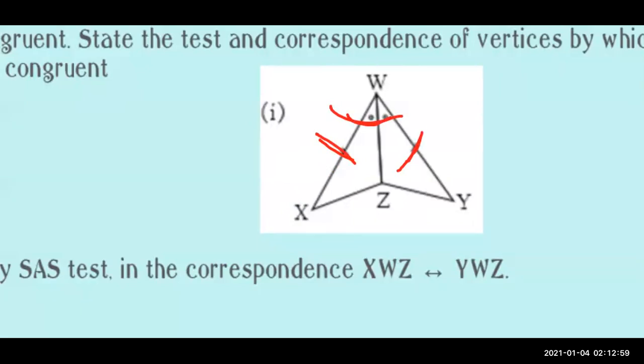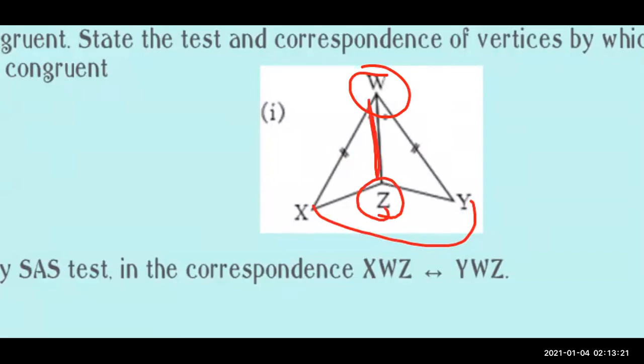The name of the corresponding triangle: X corresponds to Y, W corresponds to W only, and Z corresponds to Z only, because it is one single line which has been divided into two triangles. So in this triangle there is side, angle, side. In this triangle also there is side, angle, side. So which type of test is it?